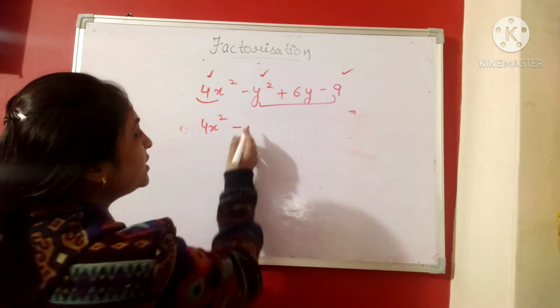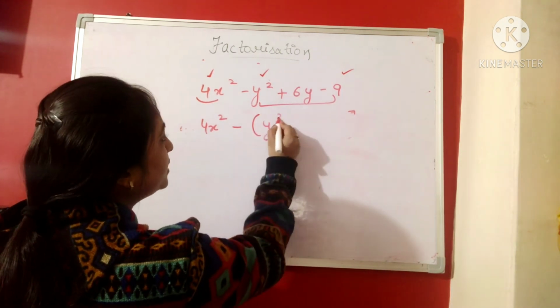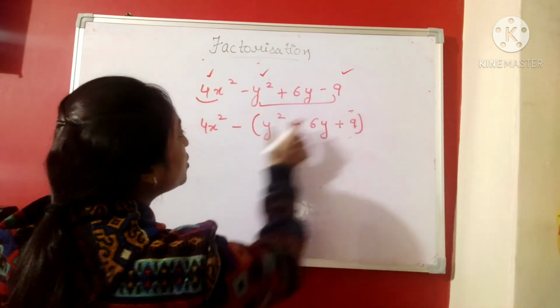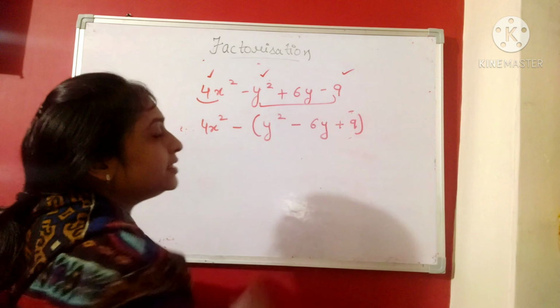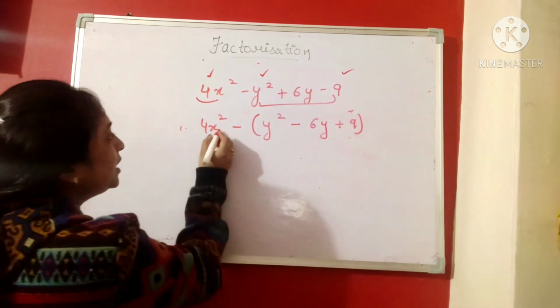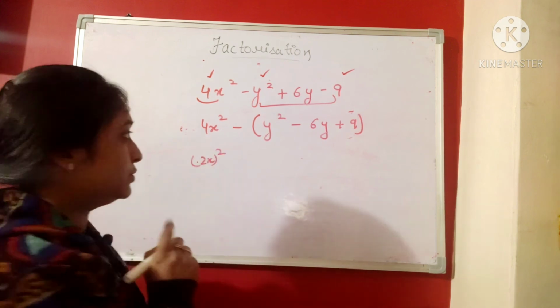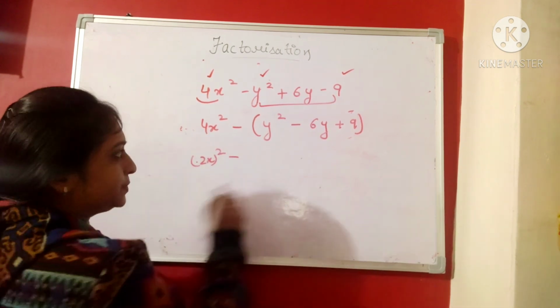When I have taken minus outside, it will be y square minus 6y plus 9. When we take common minus, our inside signs get changed, right? Now 4x square can be written as (2x) square also, minus.